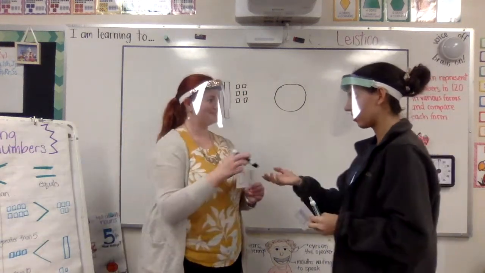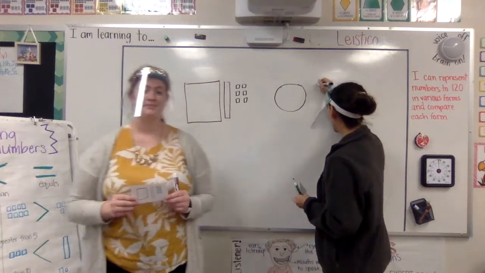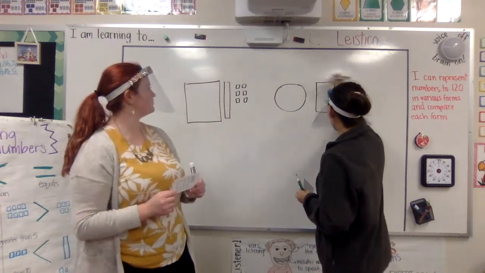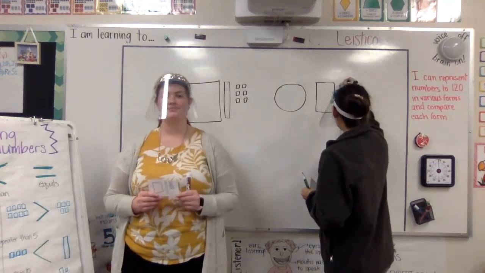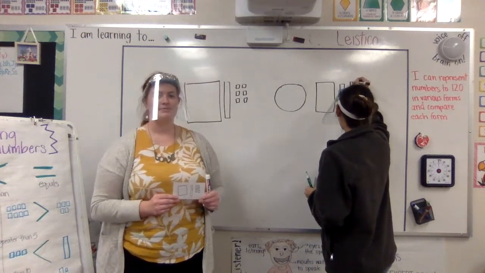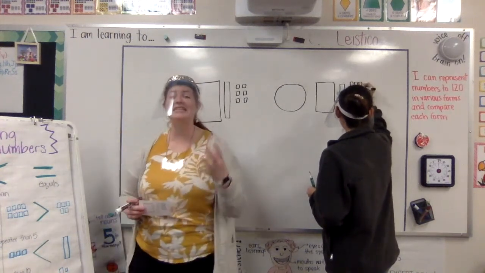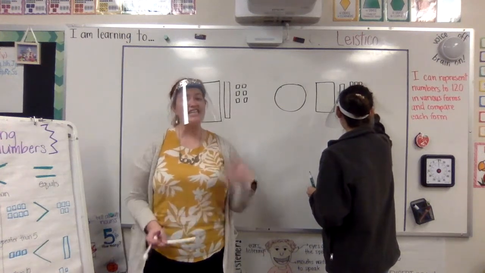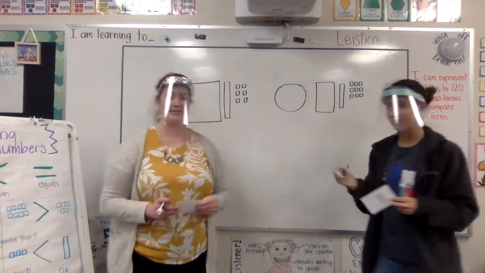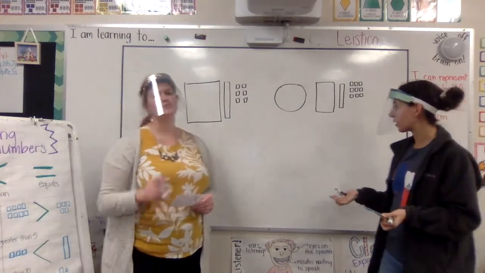Wow. So I'm going to go ahead and draw my number on the board. I have 100, I have 110, and I have 9 ones. And I like how on both of our pictures, we can clearly see what the 100 is, the tens, and the ones. That's right. Well, now we have to compare our numbers.